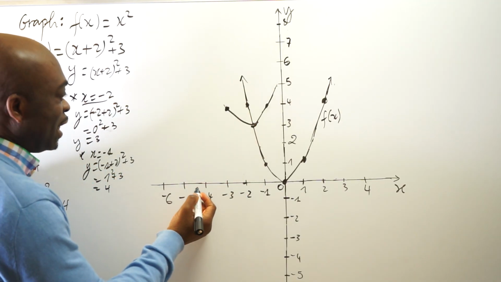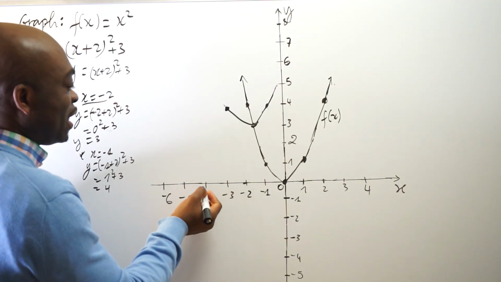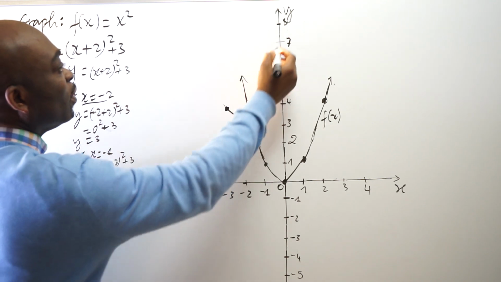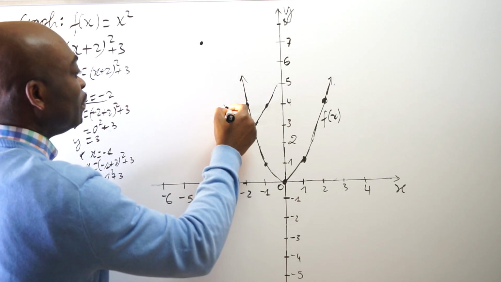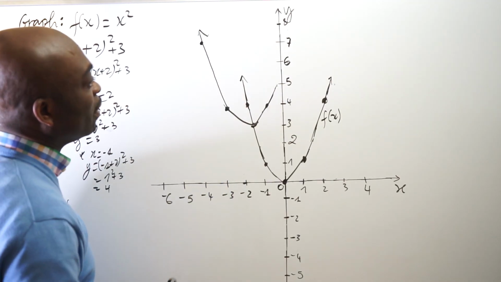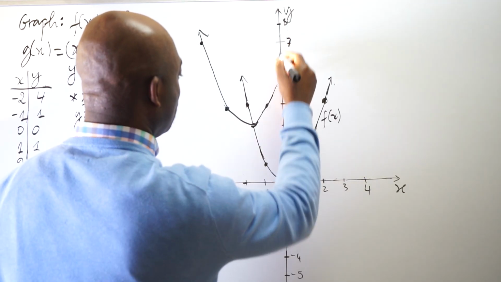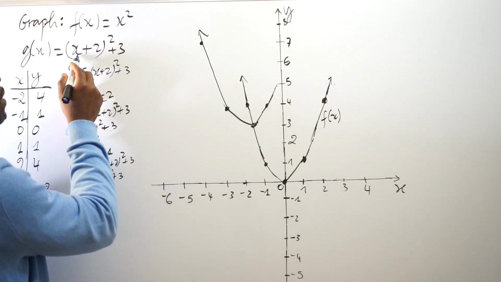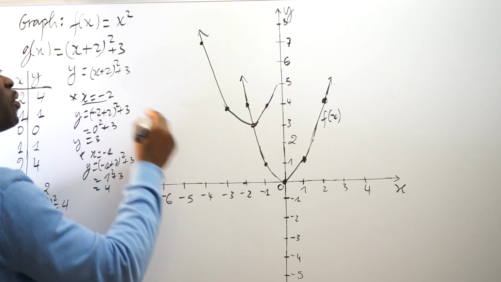And then when it comes to negative 4, it keeps going. Negative 4 will be somewhere on the 7. Okay? Negative 4 and 7. And that means 0 and 7 also, because if you plug 0 in here, 0 plus 2 is 2, 2 to the second power is 4, and 4 plus 3 is 7.